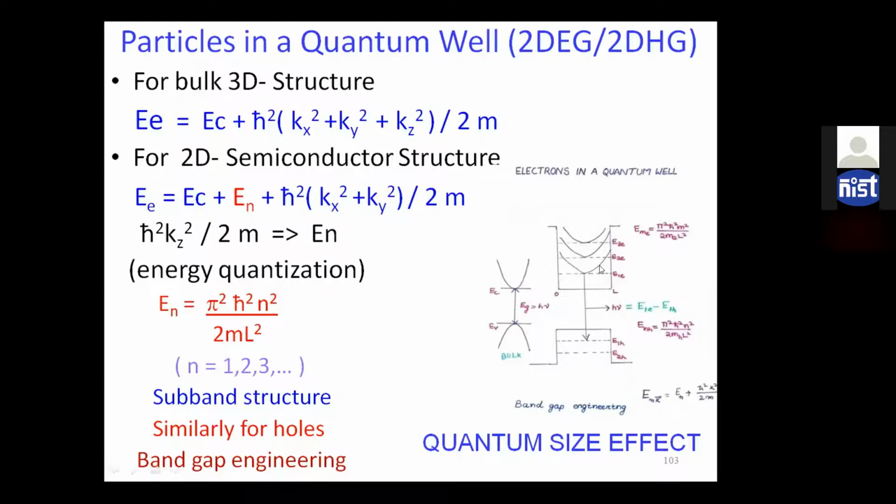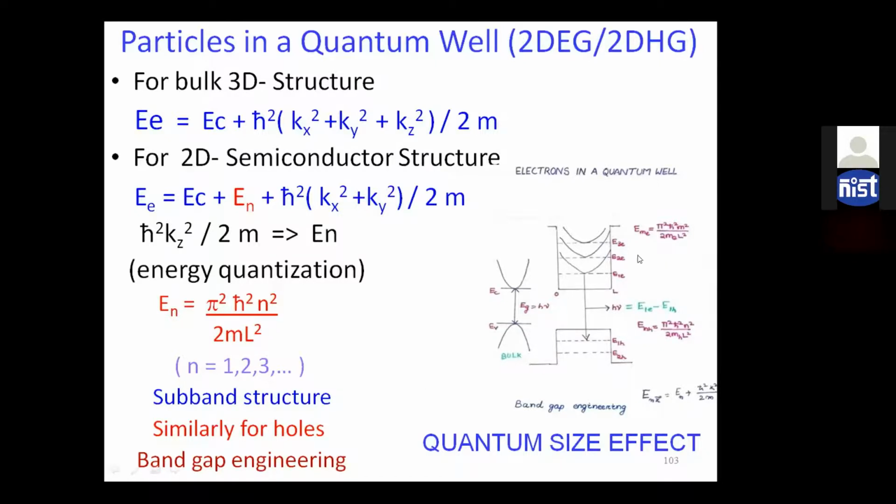Similarly, if you take a two-dimensional system, now one dimension is confined, therefore the energy is equal to E_C plus E_n, where E_n means the motion of the electron along this direction is confined, plus the free directions, which are two dimensions, h cross squared (kx squared plus ky squared) by 2m. This E_n depends upon the width of the quantum well and the number n, so along this direction the energy is quantized.